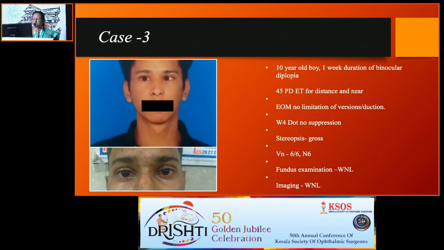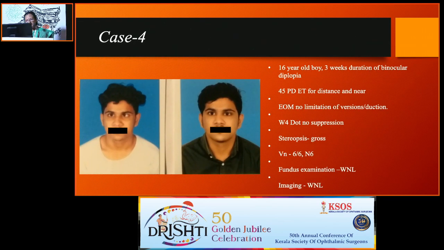This is another patient we operated, a 10-year-old boy, 1 week duration of binocular diplopia. We had similar findings of normal ocular movements, and fundus, vision, and imaging were also done in all patients. This is the pre-op and post-op picture of this patient. This is another, a little older patient, and he had a 45 prism diopter esotropia.